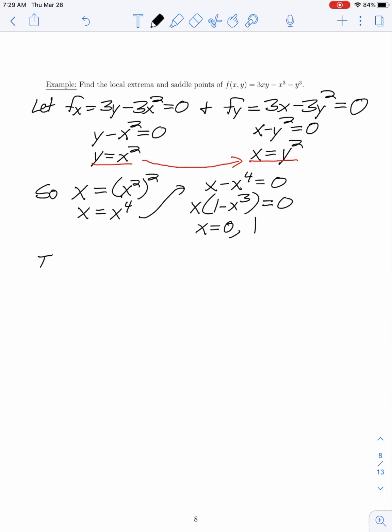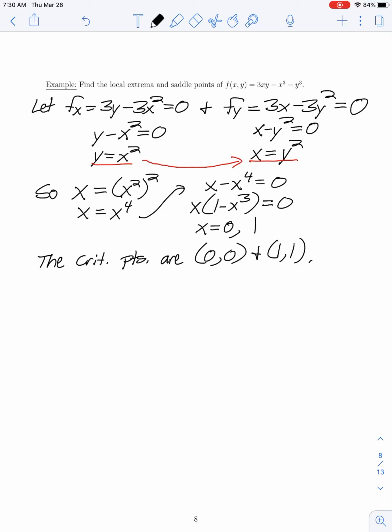Now to get our y values for these x coordinates, we know y is defined as x squared. So the critical points are the points where, when x is 0, y, which is x squared, would be 0, and when x is 1, y is x squared, which would be 1. So 0, 0, and 1, 1 are the critical points.